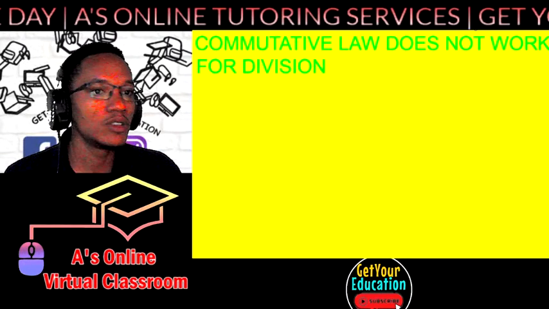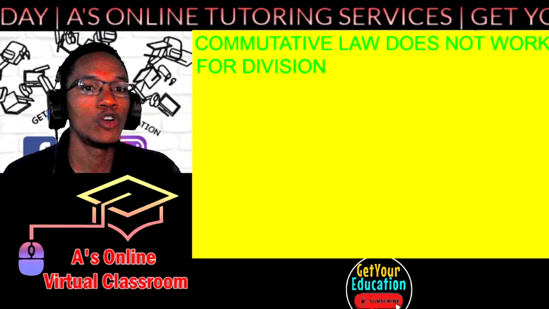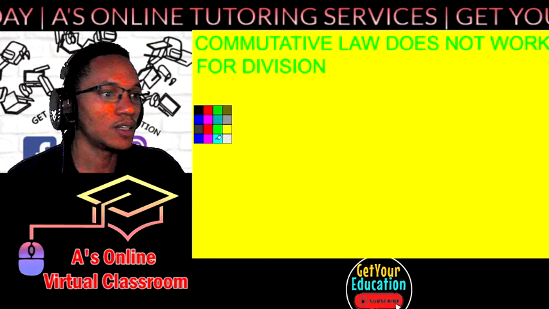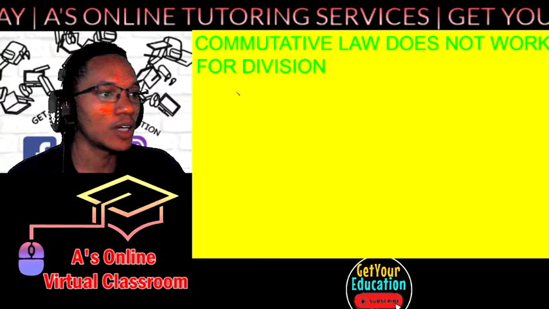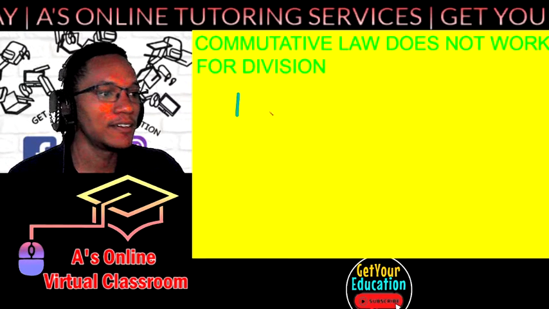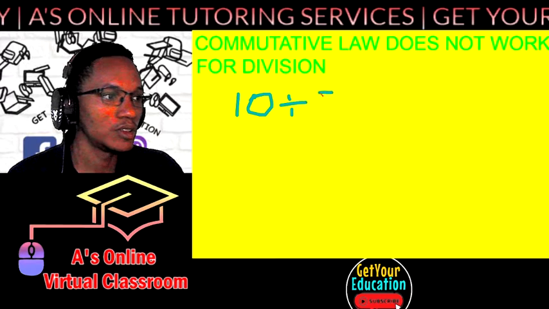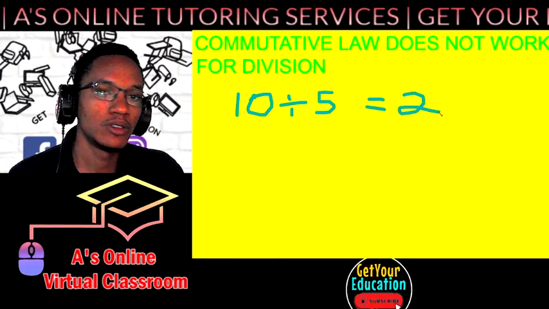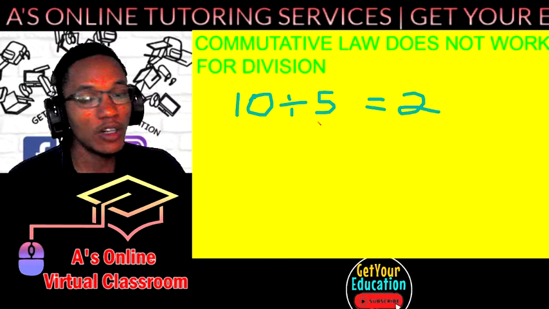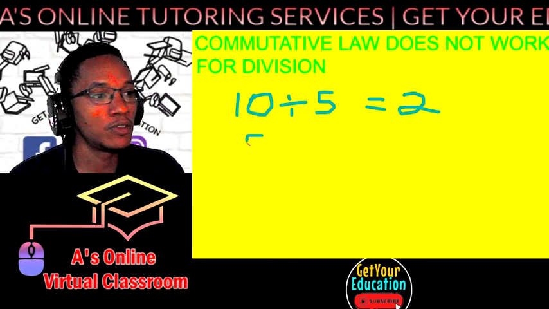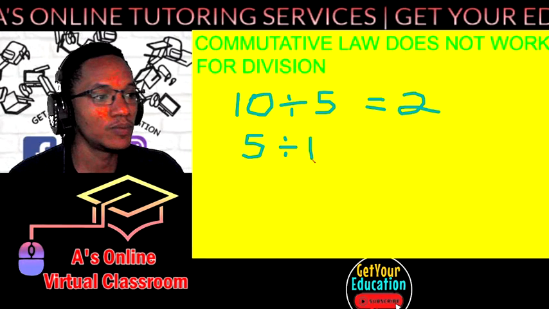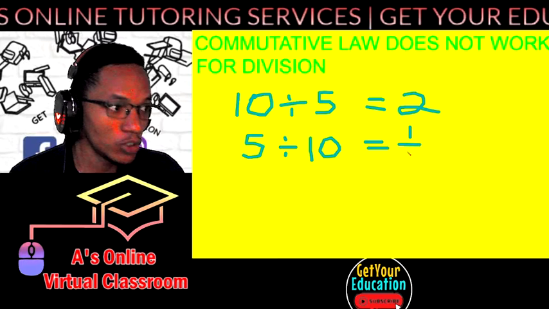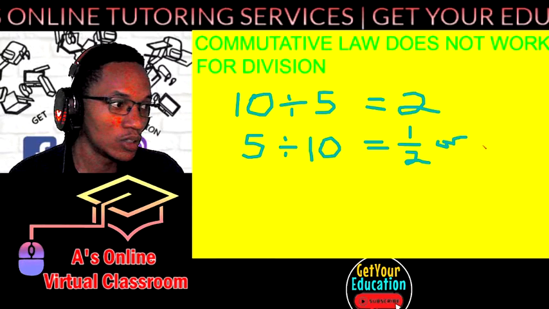Now this law does not apply to division. The commutative law does not work for division. So if we want to get an example of that, we can look at 10 divided by 5, and 10 divided by 5 will give us 2. But if we choose the commutative law and change it around, 5 divided by 10 wouldn't give us 2, it will give us 1 over 2 or 0.5.